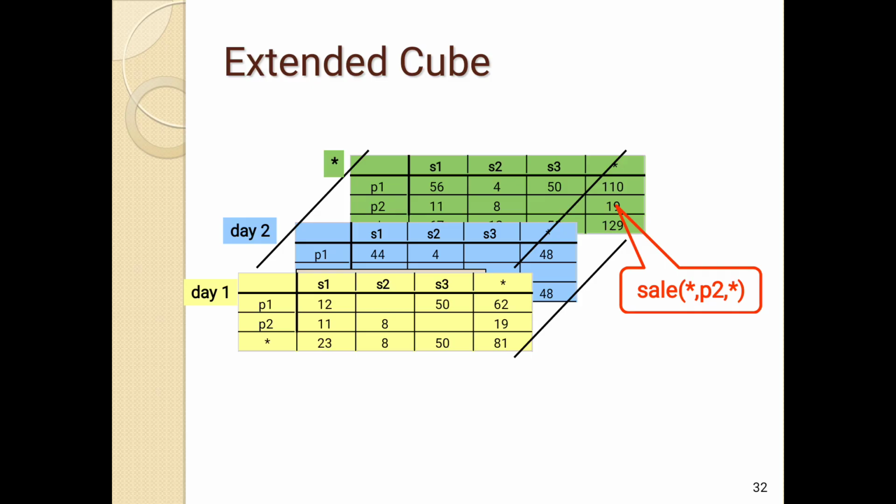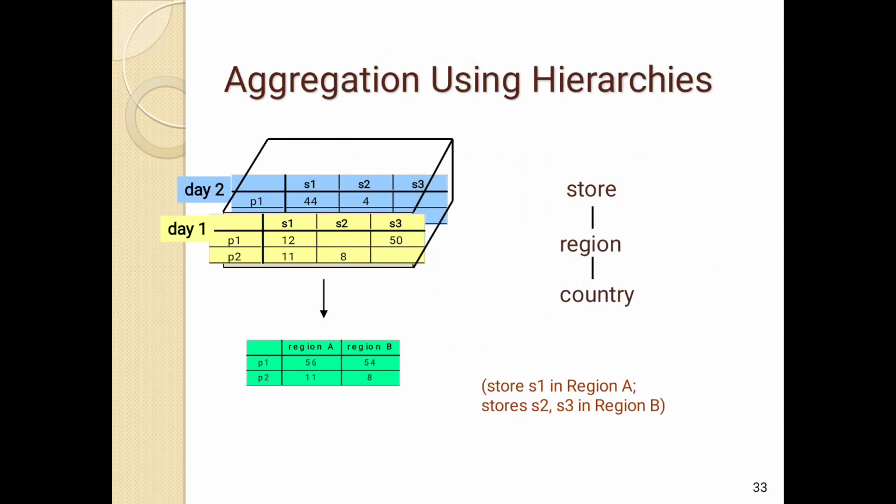And see the extended cube for day 1, day 2 up to day n. You can calculate for the product and also for the store, for n number of products and also for n number of stores. Aggregations using hierarchies. So hierarchy means the store region and the store country.